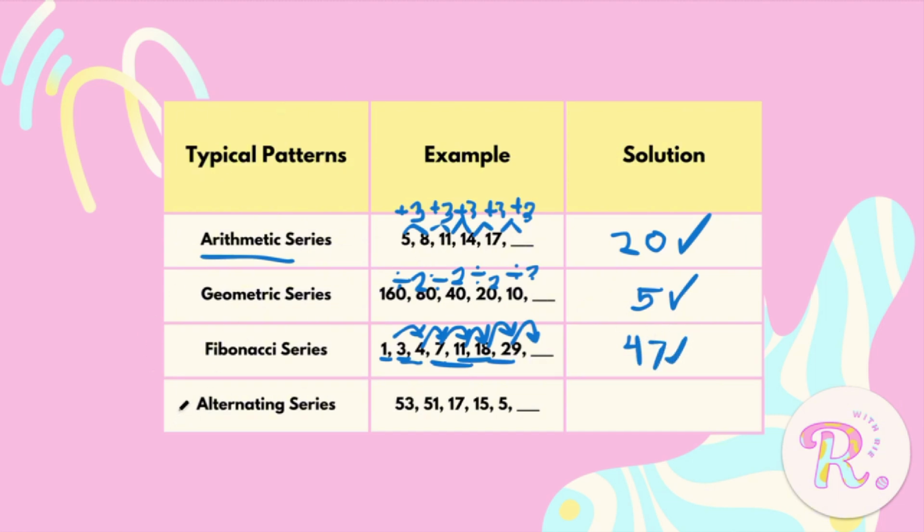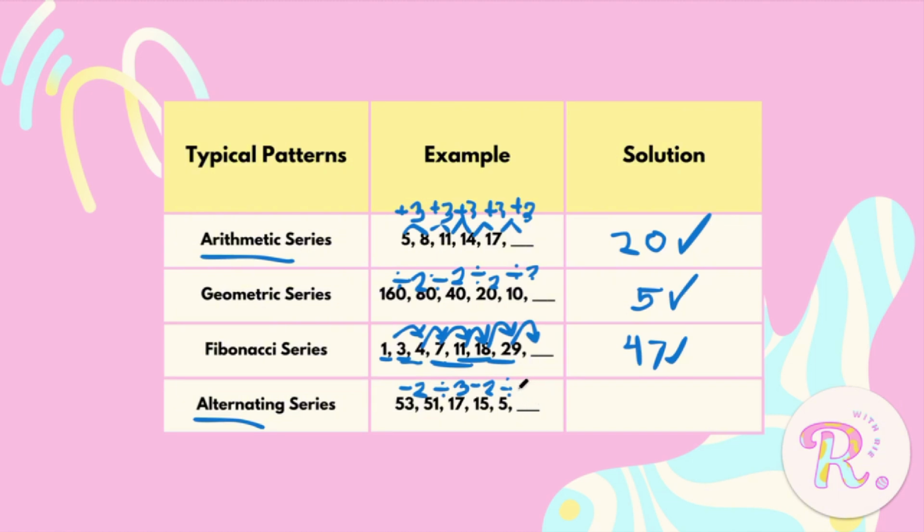Lastly, for this slide, we have our alternating series. This just means that there is a combination of 2 or more different operations that are used alternately. Here in the example, 53 to 51, that means 2 is subtracted. 51 to 17, that means it is divided by 3. 17 to 15, that is minus 2. 15 to 5, it is divided by 3 as well.